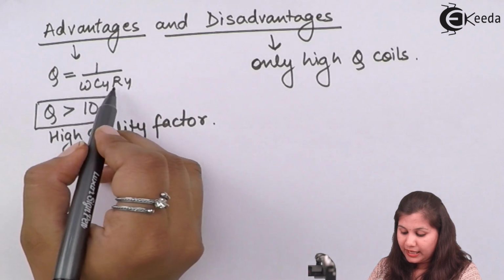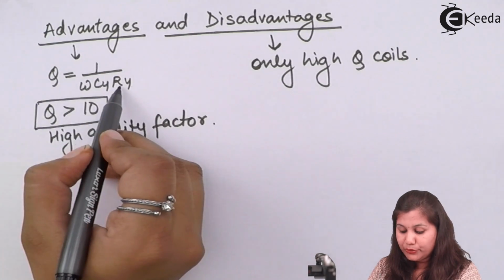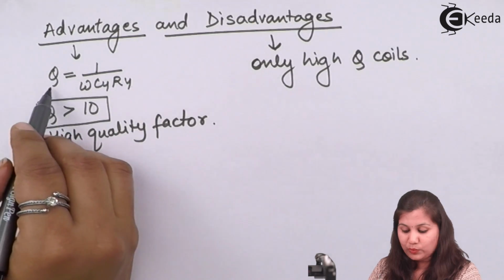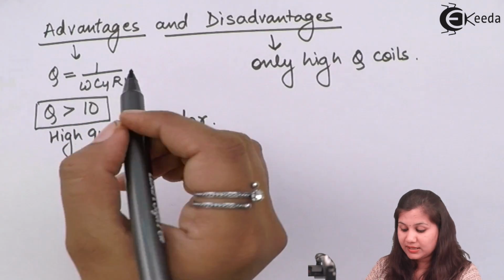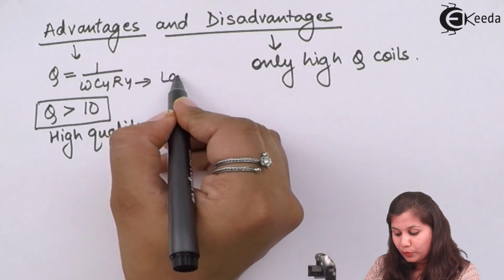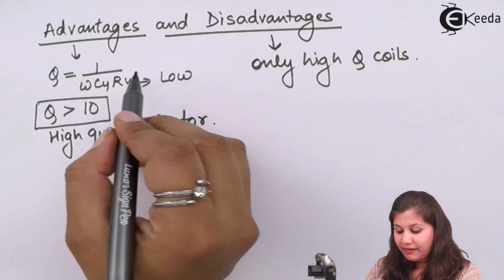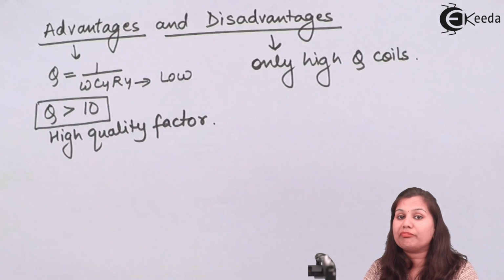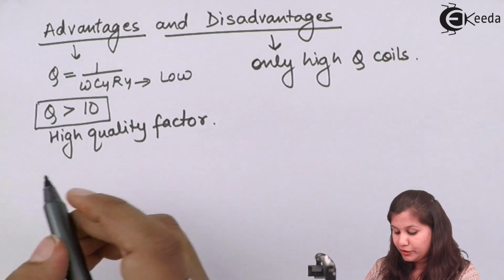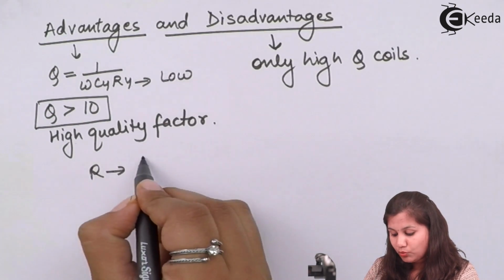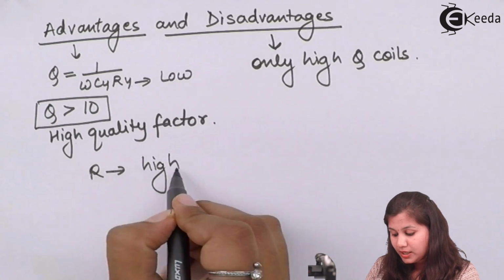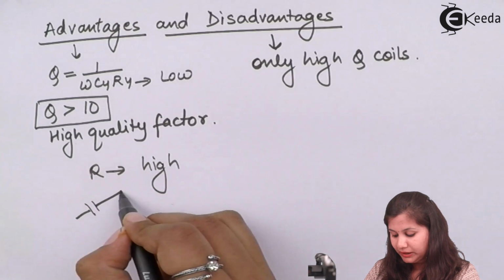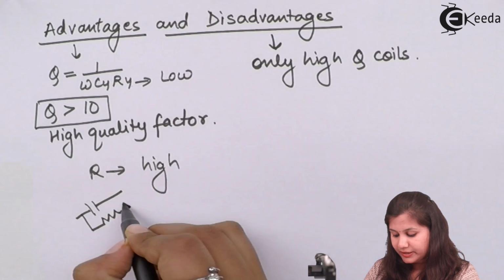You can see here that if we want the quality factor to be very high, then this resistance has to be very low. So here the value of the resistance R4 is very low, but in the case of the Maxwell inductance capacitance bridge, the value of the resistance was very high, because there we had the parallel combination of the capacitor and the resistance.